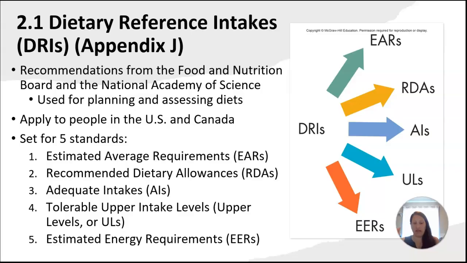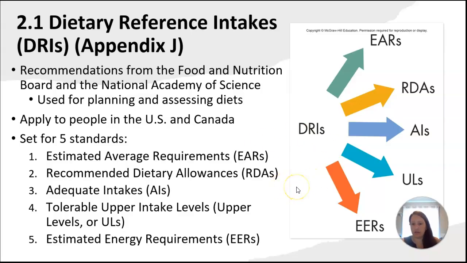The first one is called the Estimated Average Requirements, EARs. The second are the RDAs, which are the Recommended Dietary Allowances. Adequate intakes, which are AIs. Tolerable upper intake levels, which we call either upper levels or ULs. And then Estimated Energy Requirements, EERs. And again, I will show you Appendix J in that other video. We will go through some of those.